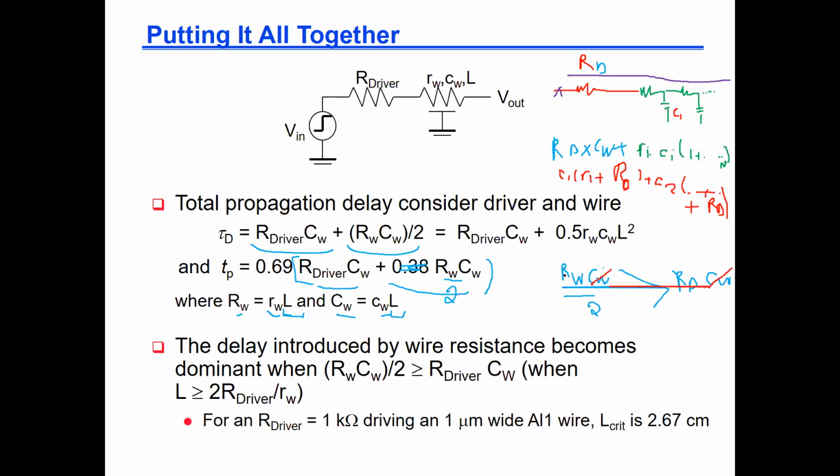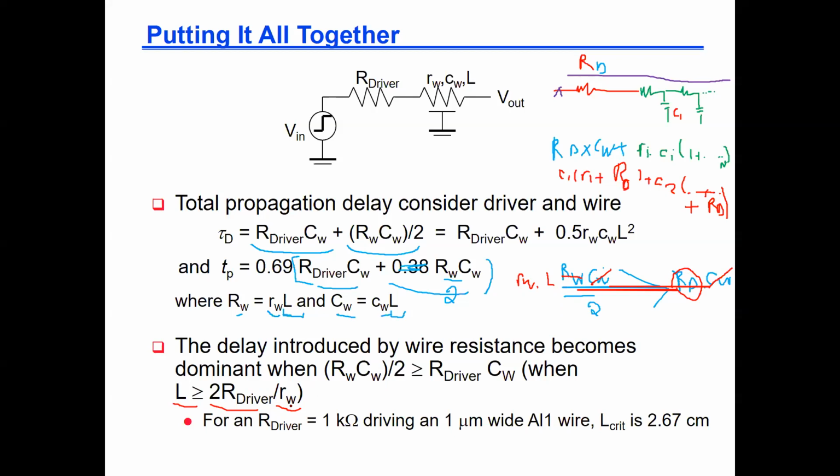We're comparing it to R_W, which is little r_w times the length of the wire. Okay, so we get a relation between L and R driver and the resistance per unit length of the wire.